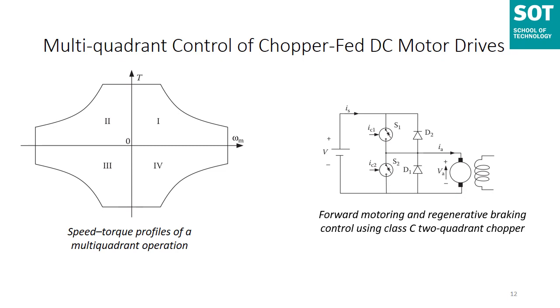If you will see from this figure, which is on your right side, you will see that you have two diodes D1 and D2 and two switches S1 and S2 with controls IC1 and IC2. The DC motor armature is connected in shunt to diode D1 and the switch S2.